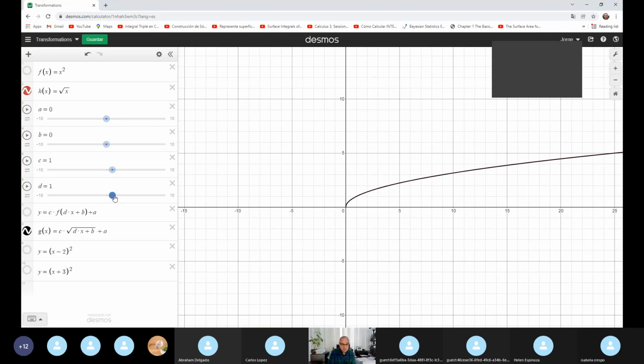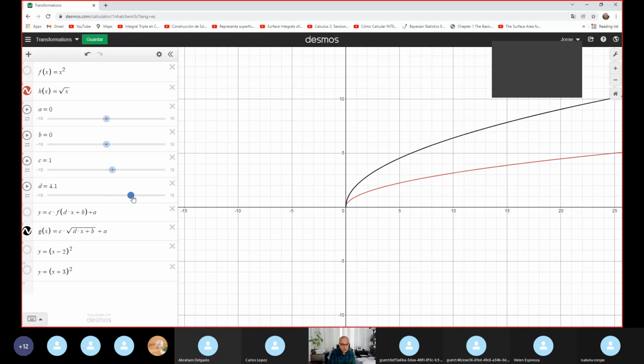If D is positive, okay, the transformation is not too clear, but I want to explain. Actually, it is a horizontal transformation because D is inside the parenthesis.